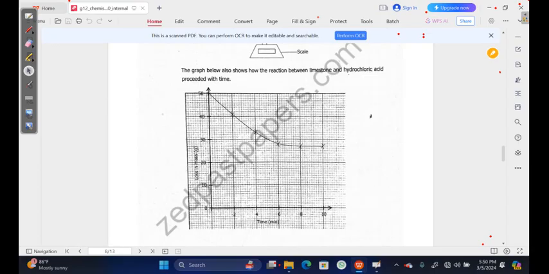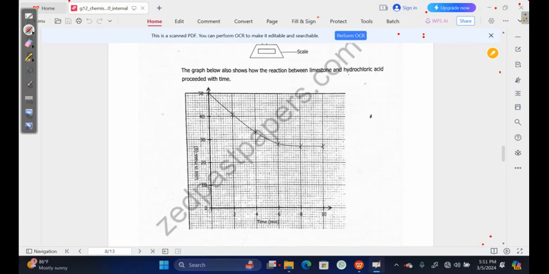Limestone is a chemical called calcium carbonate. So it is also good that as we proceed with our solving, we also illustrate the chemical reaction we are analyzing its rate.